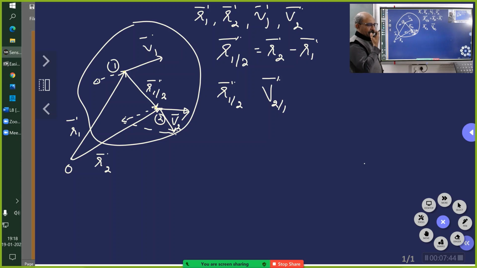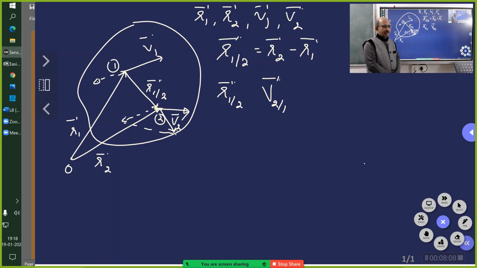Now, what is the relation between these two? This is velocity of 2 with respect to 1, and this is representing a vector from 1 to 2.